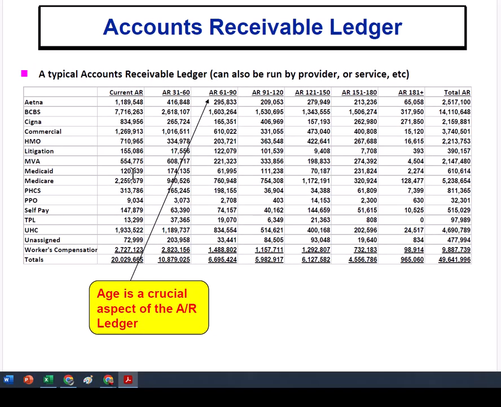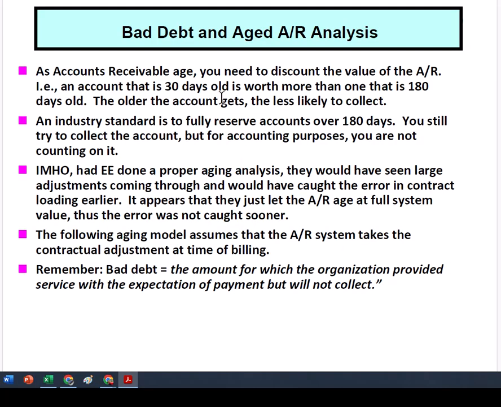So what's an aged AR analysis? We look at the age of the accounts. The older they get, the less probability of collecting them. That's bad debt. The older they get, the less likely people pay their doctor bills and their hospital bills.